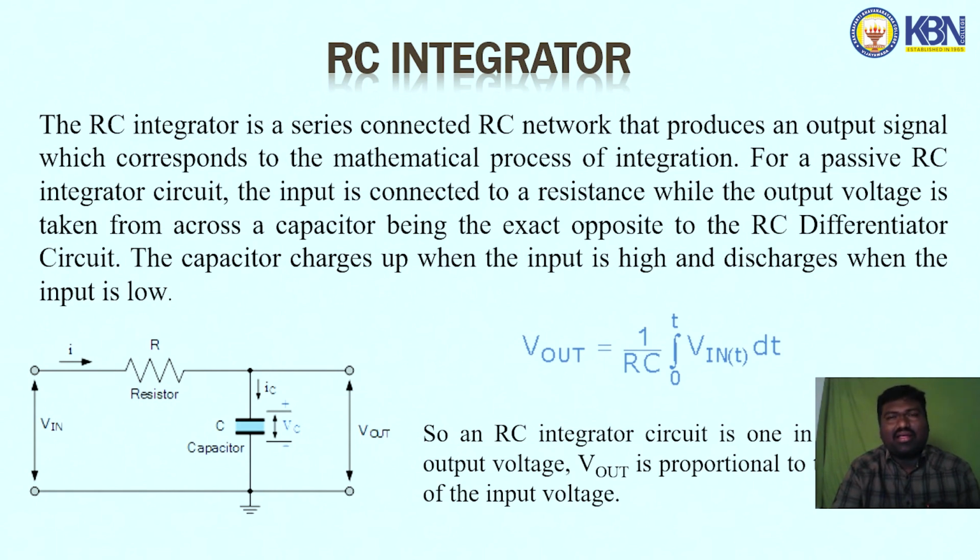In an integrator, the output voltage is proportional to the integral of its input voltage. The formula of the integrator is V0 equals 1 by RC times the integral from 0 to t of V in with respect to dt. That means the output voltage is proportional to the integral of its input voltage. Here RC is known as the time constant.